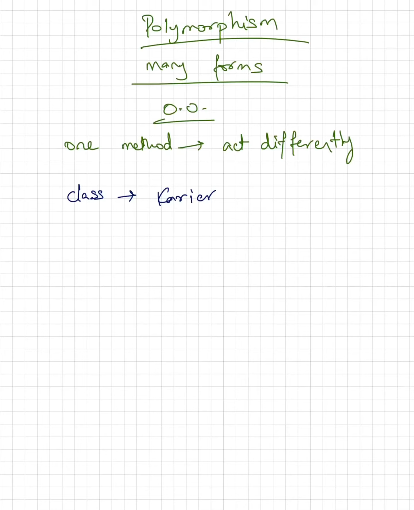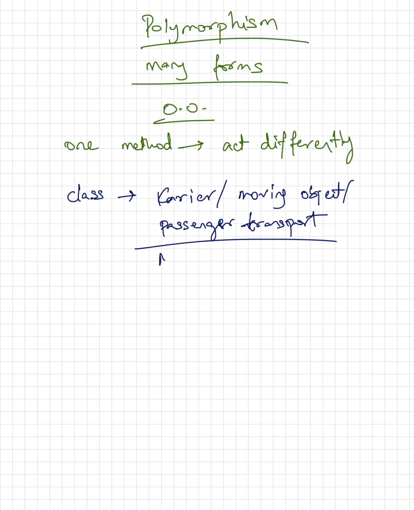A carrier, or maybe better, moving object, or a passenger transport, or you can call that means of transport, anything. So you get the idea. We're just going to talk about a class called carrier.